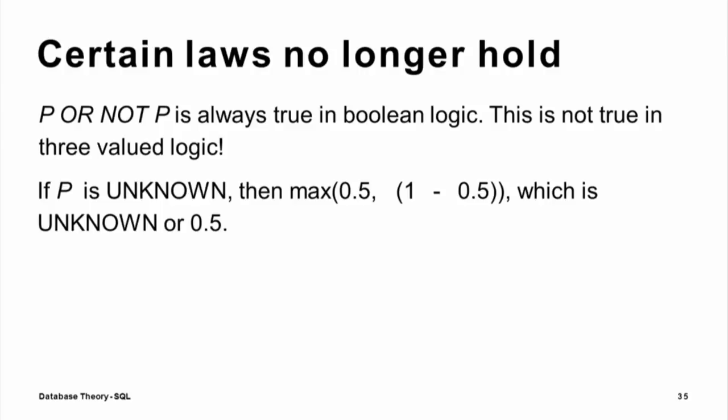So turning that P or not P into our max, and that minus, where we set not to be 1 minus whatever value you had, then that turns into unknown. The first one, P or not P, is always true, but not when you are having unknowns. Then it turns into unknown, which is okay.